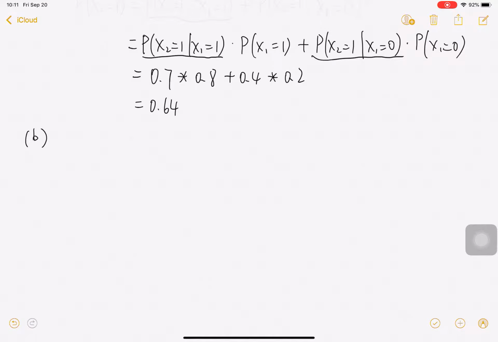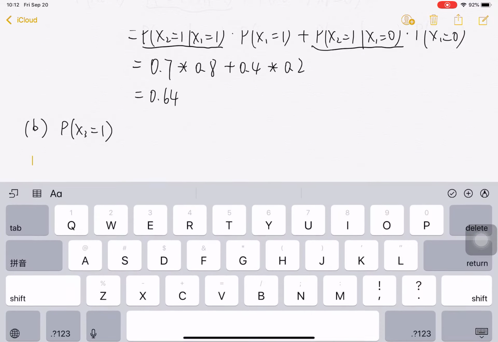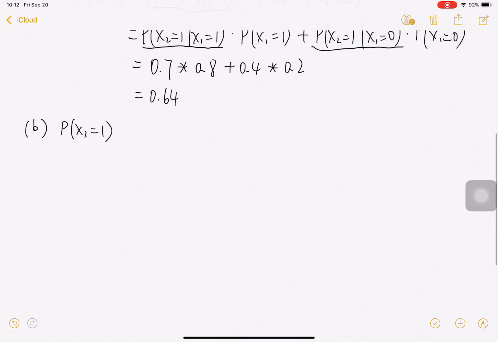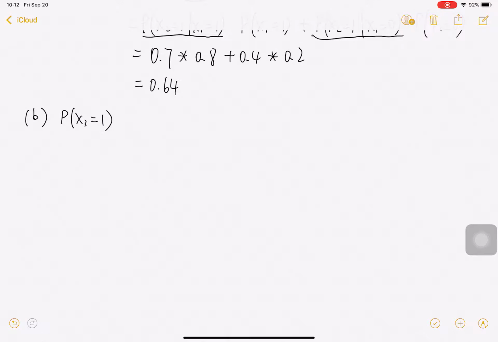Question B is to find the probability of x3 equals 1. Basically it's the same as question A, but one step more, right? If we want to find the probability of x3 equals 1, we have to use the conditional probability of x3 equals 1 given the output of x2.